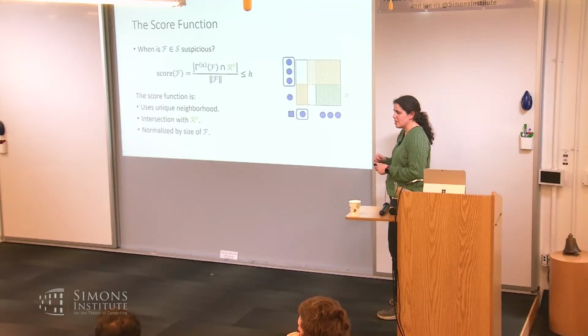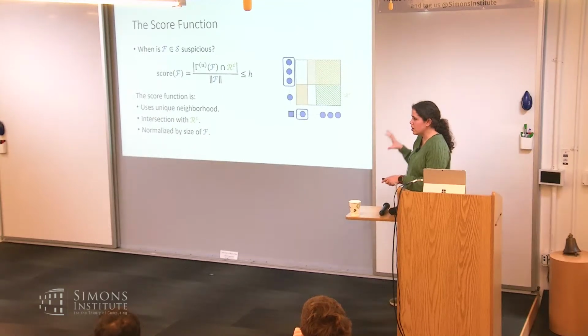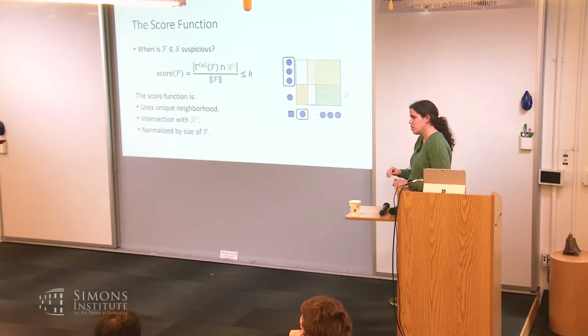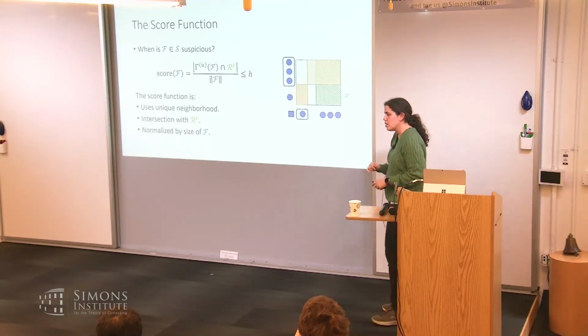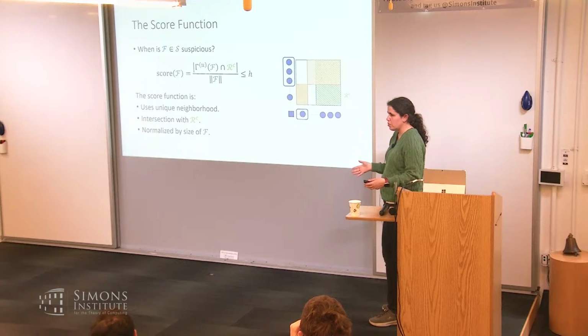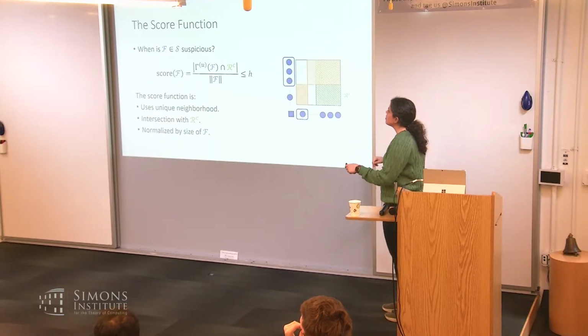The right-hand side is a set of qubits. Which one? RC is... No, L was the set of suspicious qubits, and R was the set of suspicious checks. So the algorithm sort of builds the two of them together. And RC also uses unique neighborhood. So RC is just a collection of checks. We do not look at its neighborhood. So these are all checks.